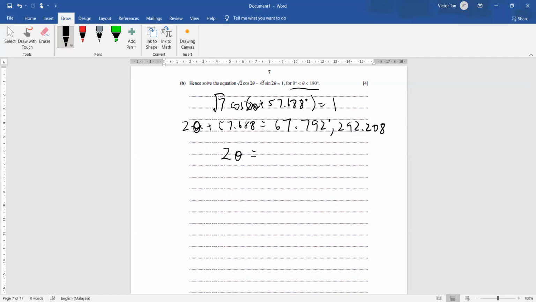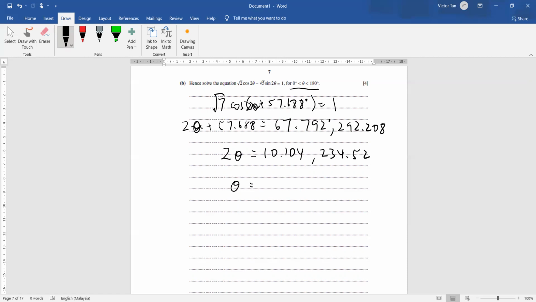So this is 292.208 minus 57.688. This is 234.52.